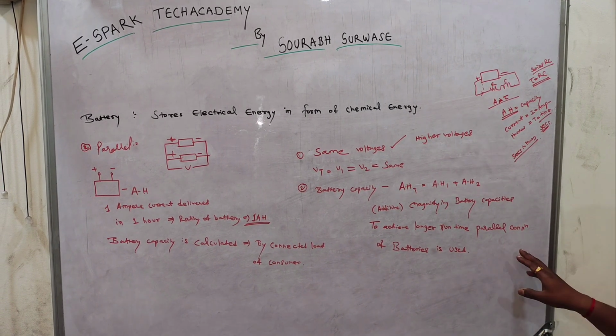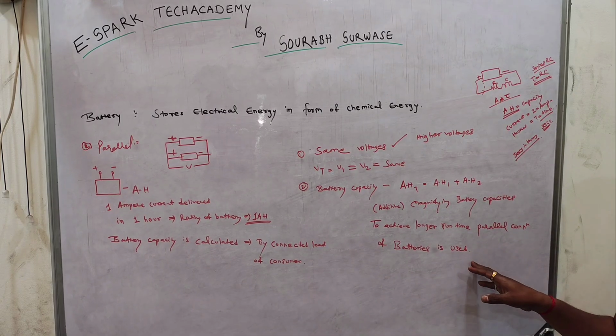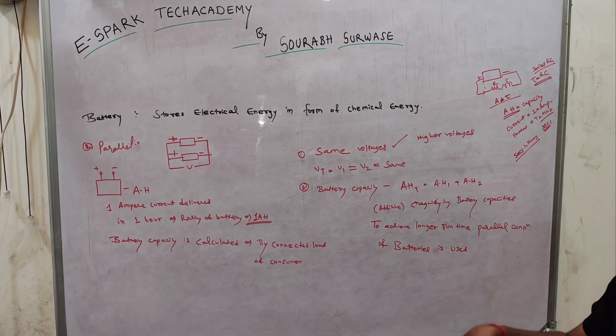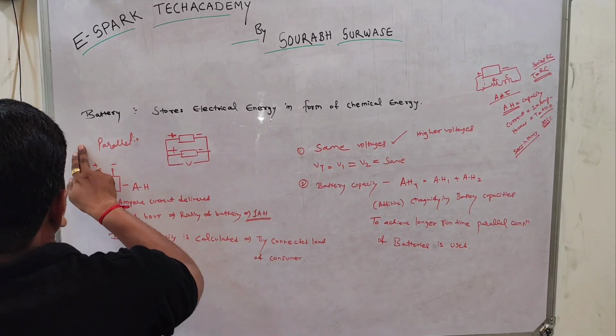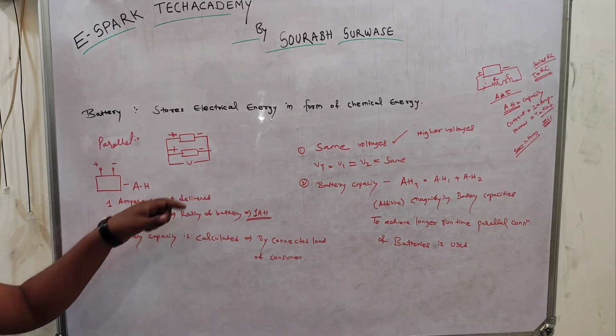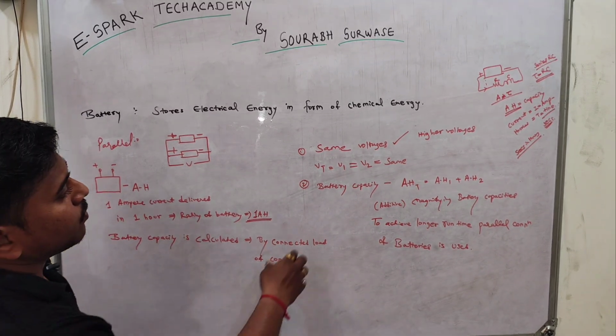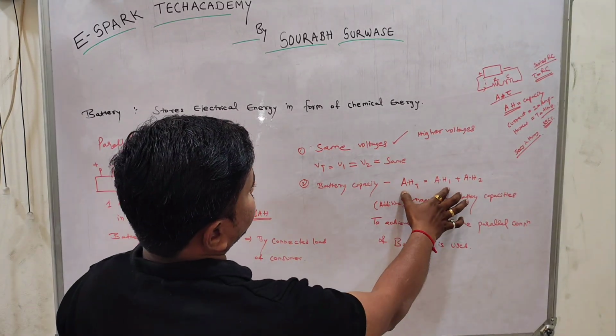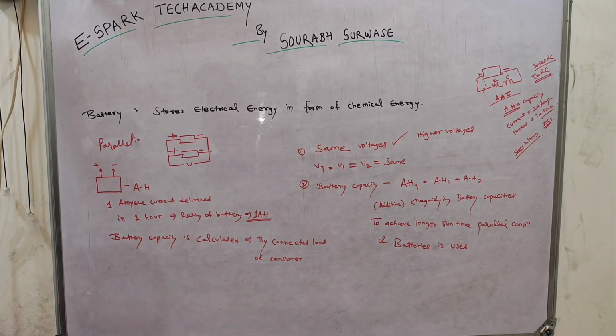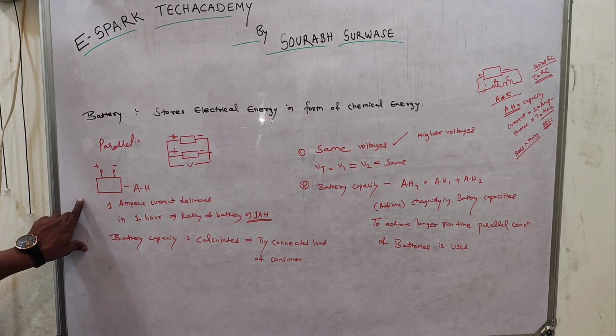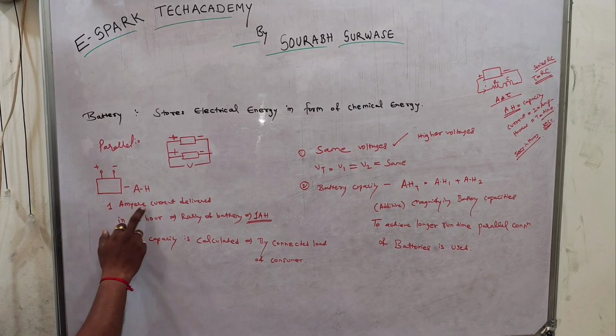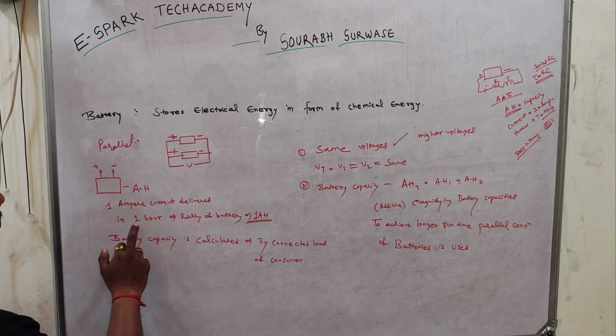Here we will be going through series and parallel connections in batteries. Here it is a parallel connection of batteries, where voltages will remain the same. Battery capacity is in ampere hour, because 1 ampere of current is delivered in 1 hour.